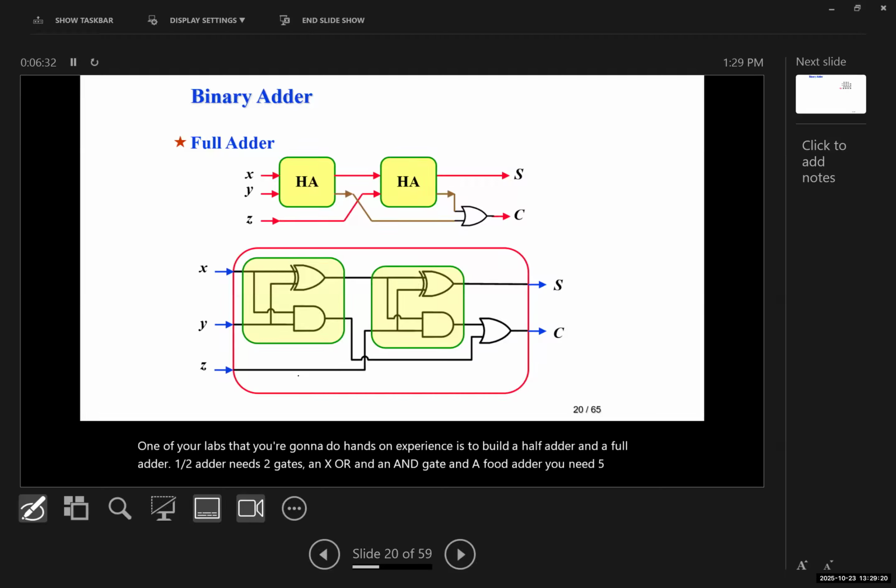And 2 to the power of n outputs. A binary decoder is a very useful tool to convert a binary number, for example, to decimal and be able to show it. This is a very nice demonstration that you can see.